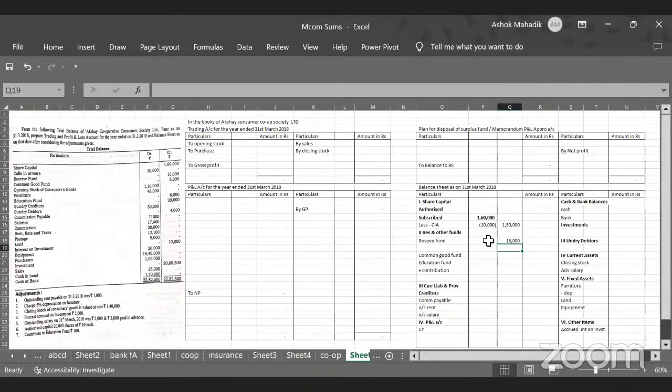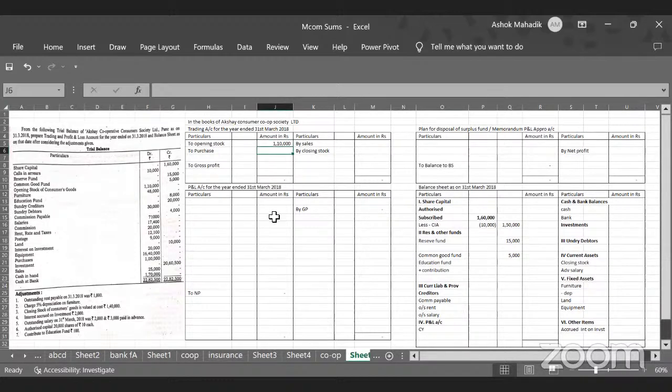Next, common good fund is nothing but a reserve for the benefit of the society, 5,000. Next, opening stock of consumer goods, 1,10,000.